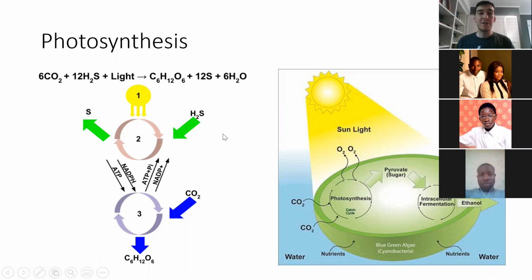So not all bacteria can do these things, so this would be an example of a photoautotroph that can fix its own carbon from carbon dioxide, and it can get energy from sunlight and do photosynthesis.